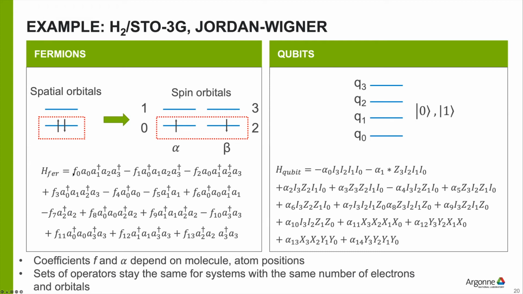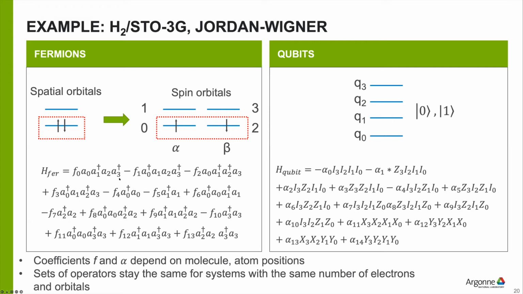If you look at the first term, you have A0, which is an annihilation operator. It annihilates this electron, so it removes it from this orbital. The second operator creates an electron on orbital 1. So these first two operators essentially move this electron from 0 to 1, and the second pair does the same thing with 2 and 3.